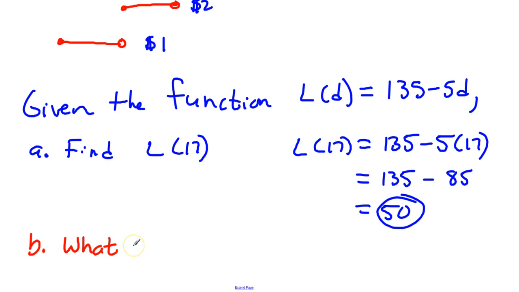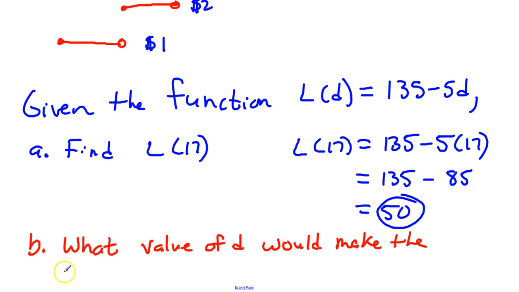Okay. And then the one thing they might do to make it a little bit different is they may ask you, okay, what value of D would make the function equal 0?